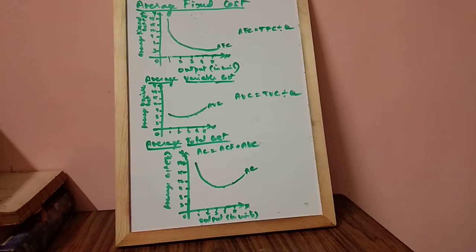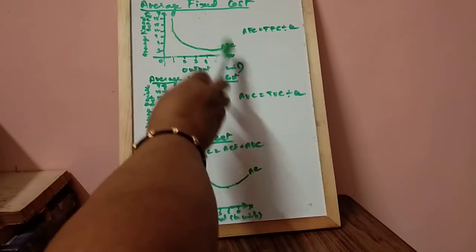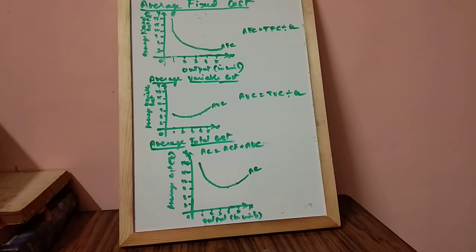The AFC curve is a rectangular hyperbola, and AFC does not touch the axis, neither the x-axis nor the y-axis. It approaches both axes, getting nearer and nearer to the axis but never touching them.